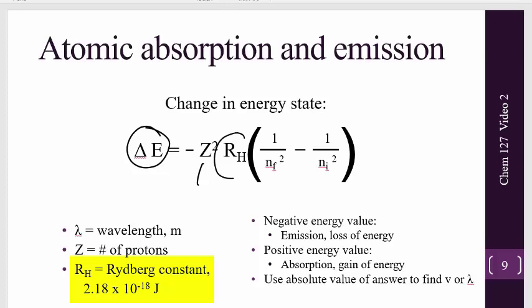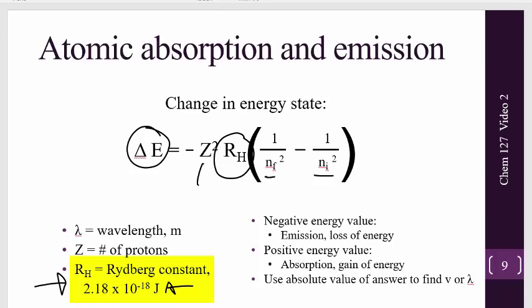Now we have a different version of the Rydberg constant, and this equation has been rearranged to have energy. So now the Rydberg constant is in the form of joules. So make note of those two different versions of the Rydberg constant. They're on your equation sheet. And then we also have the final and initial quantum numbers for the transitions of the electron in hydrogen, or the other atom we might be talking about.